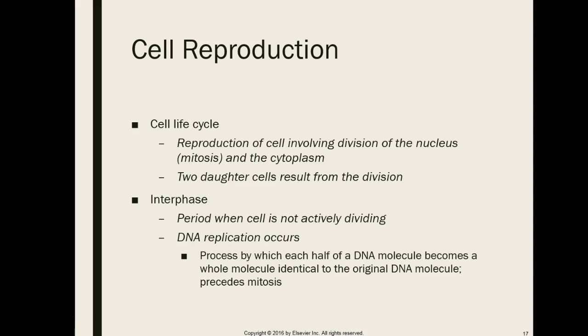So now we'll talk about cell reproduction. So during reproduction, the nucleus is going to divide, and this is a process called mitosis. During that time, the cytoplasm is also dividing as well. So once this division has taken place, we have two daughter cells, which are the exact copies of the original cell.